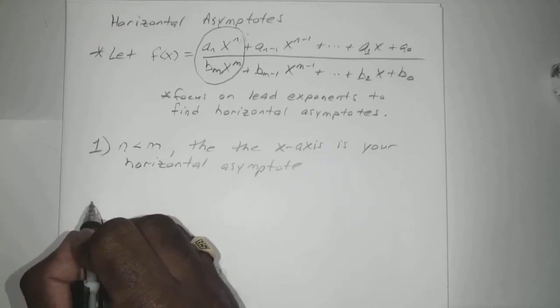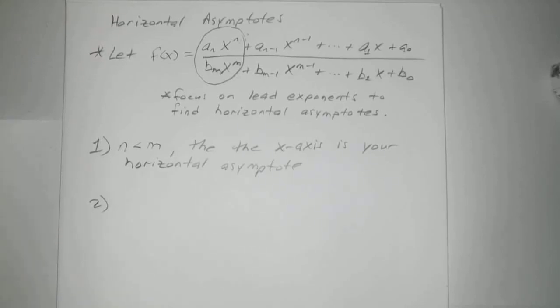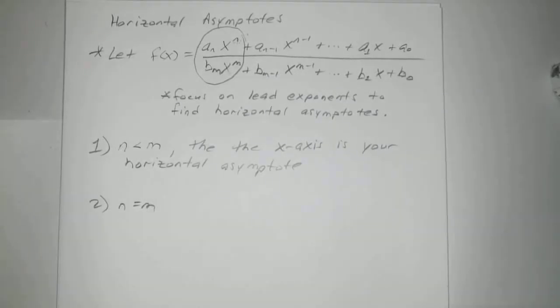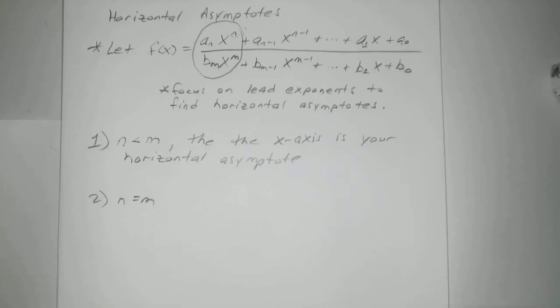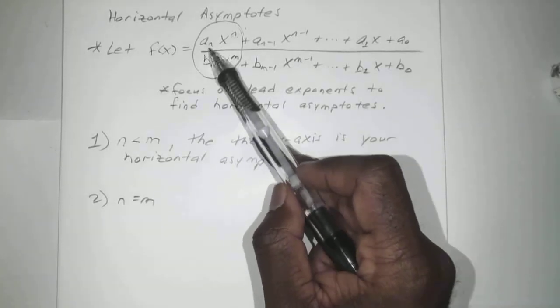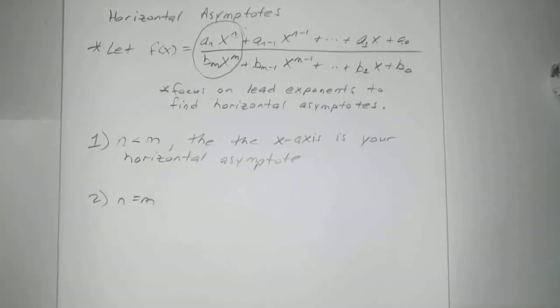Now your second possibility is that those two exponents are equal. Let's say that n is equal to m. If that's the case, you take the ratio of those two lead coefficients, and y equals that ratio will be your horizontal asymptote.